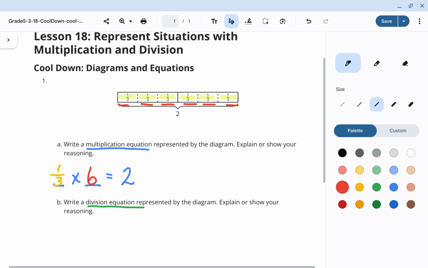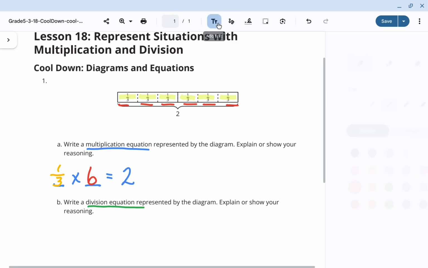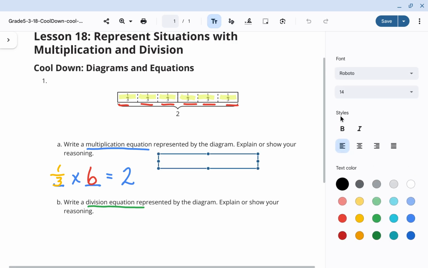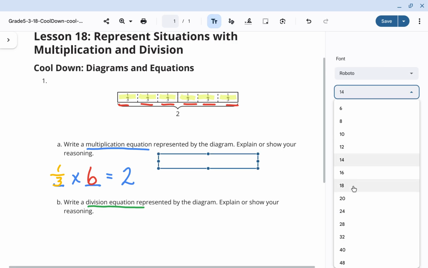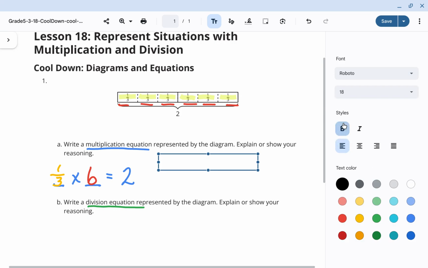So truly, boys and girls, A is asking us to build a multiplication equation, which we just did, because we have 1/3 times 6 and it's equaling 2. We are asked to represent the diagram, which we've done. The last thing that we need to do here is explain it or show it, as we often do with our illustrative lessons.